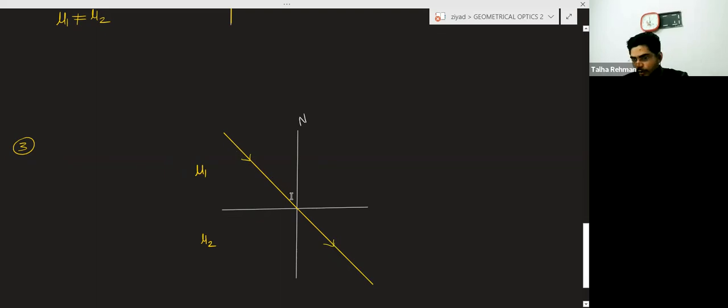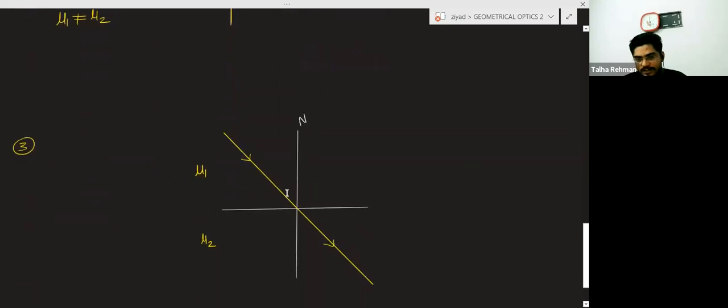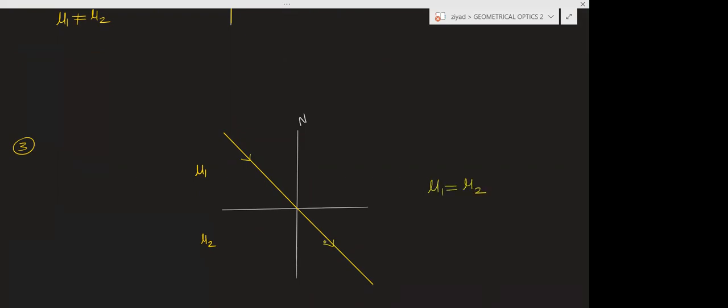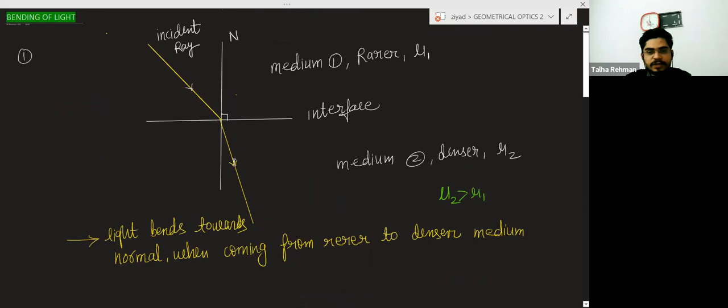This is not normal incidence; normal incidence would be like this. So if this is the condition, then the refractive index of medium 1 is equal to the refractive index of medium 2.